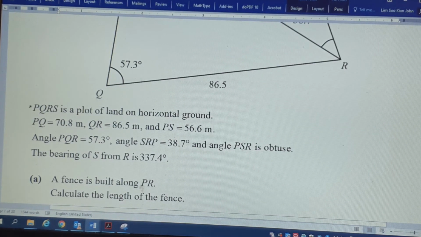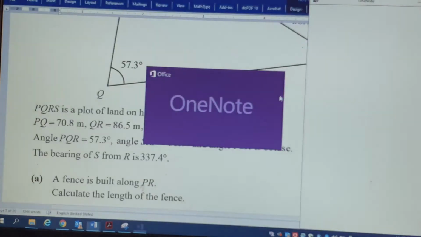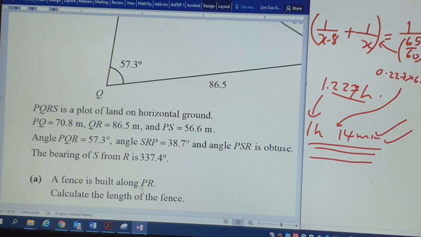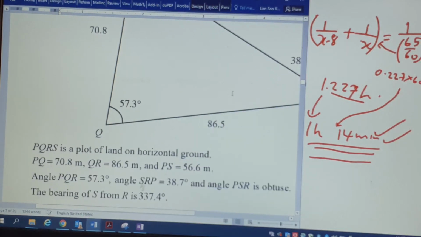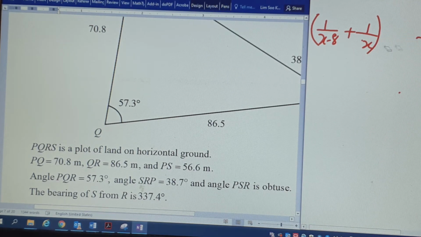Now the first part, I tell you this is what question? Trigonometry, right? So trigonometry, let me now show you some notes. Trigonometry, very simple one. You must think in your brain, oh, trigonometry. You can draw it out if you want.